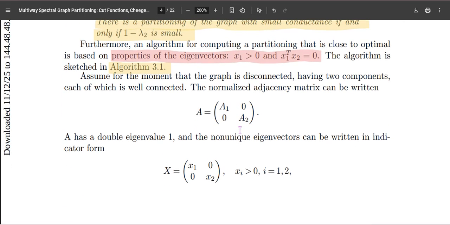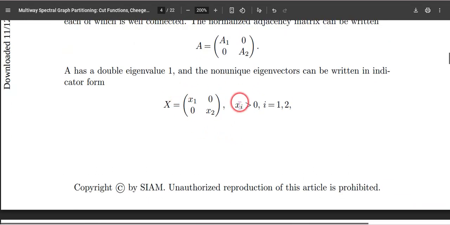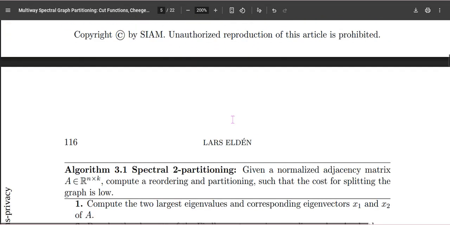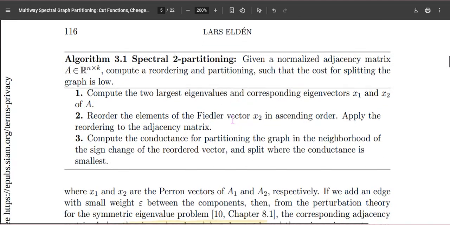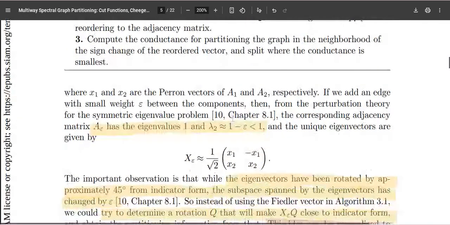Another important property is that if it is diagonalizable, the normalized adjacency matrix can be written something like this, and the corresponding eigenvectors, which are non-unique, can be written like this. But if we establish a small connection between these two blocks, then the eigenvector matrix can be defined like this.